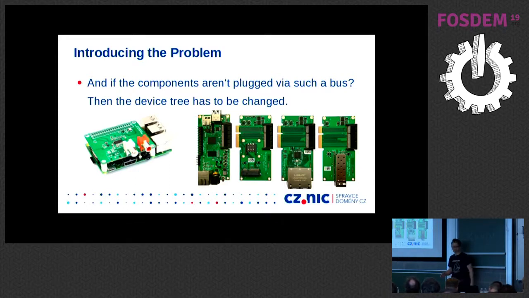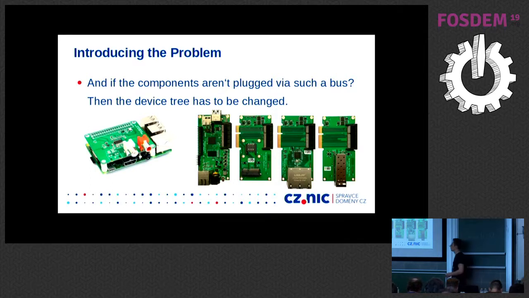If you have USB devices, you do not have to tell the operating system which USB device is connected, because USB supports self-identification. So the operating system can read from the USB device what type of device it is. But also from SDIO and PCI Express.